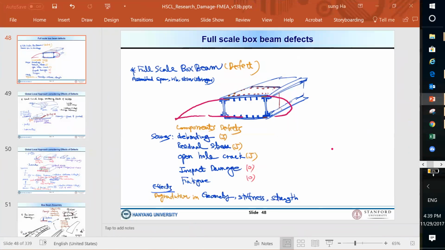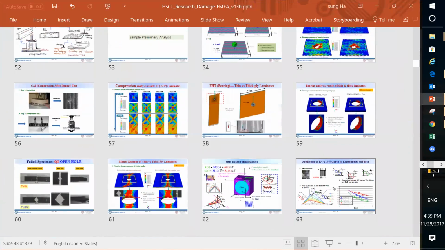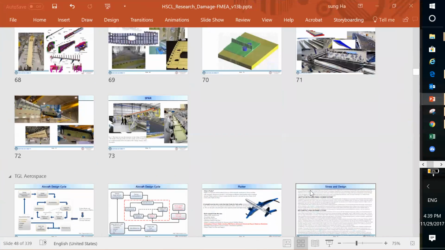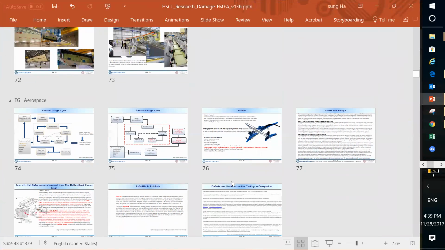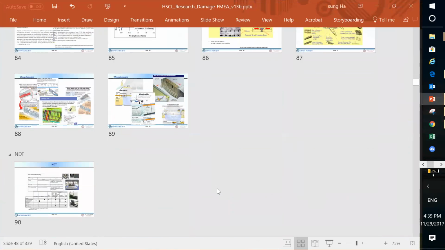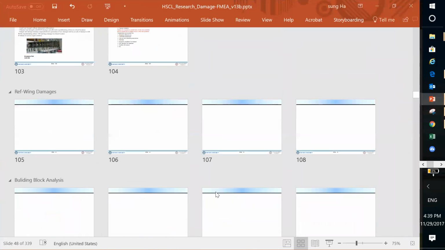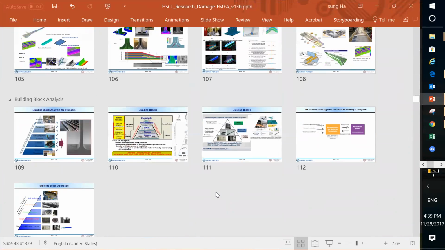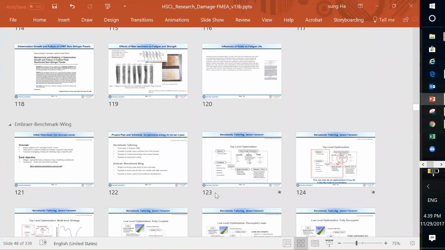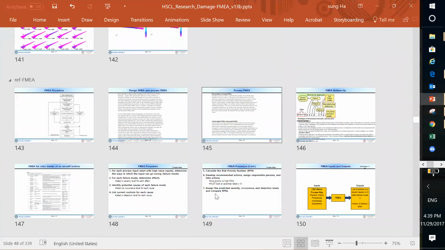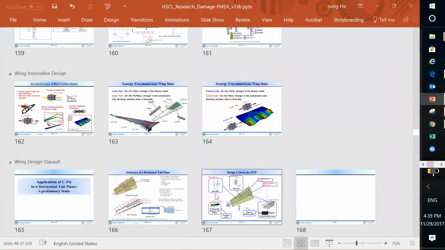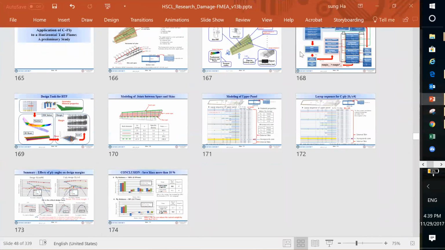This is the airfoil. So, where is that? Okay.